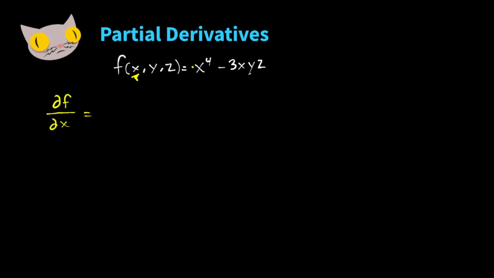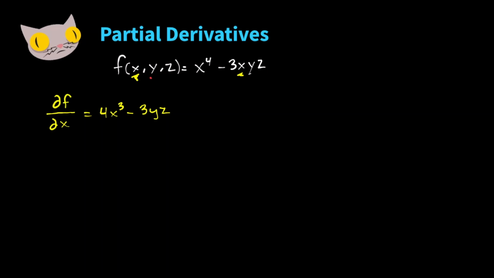That's going to give us 4x cubed by the power rule minus 3yz. See, we took the derivative of this x, and that derivative is just 1. So we're left with 3 times y times z.